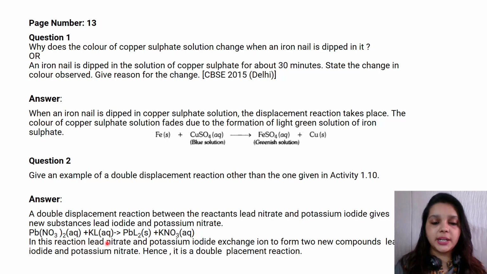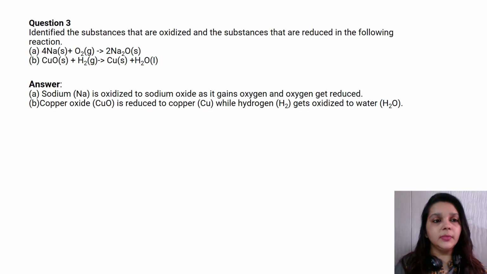In this reaction, lead nitrate and potassium iodide exchange ions to form 2 new compounds, lead iodide and potassium nitrate. Hence, it's a double displacement reaction. So, Pb and K, our potassium and lead exchange their places, right? My K goes with NO3 and Pb goes with I, right? That's how it is a double displacement reaction.